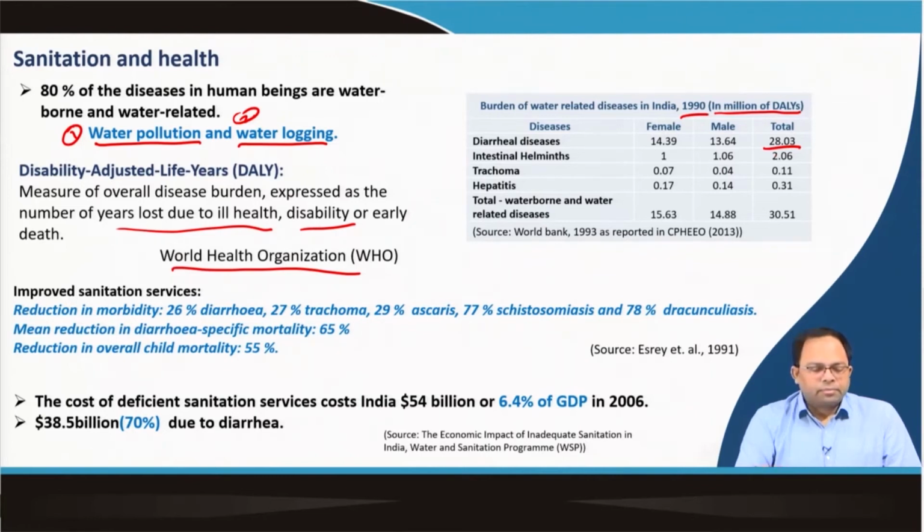And then intestinal helminths, this is around 2, trachoma 0.11, hepatitis 0.31. So, total waterborne and water related diseases come to around 30.51 million DALYs. So, this is for 1990.